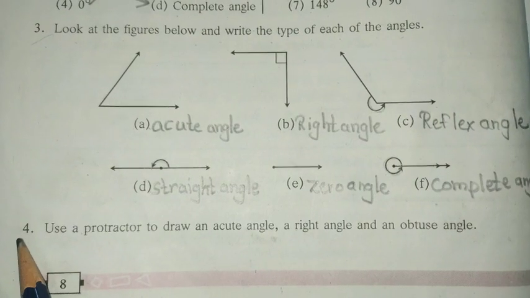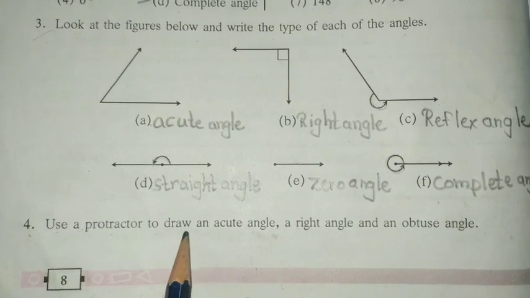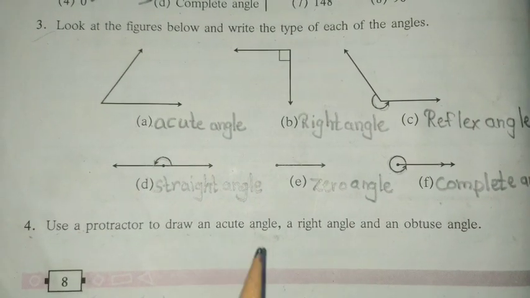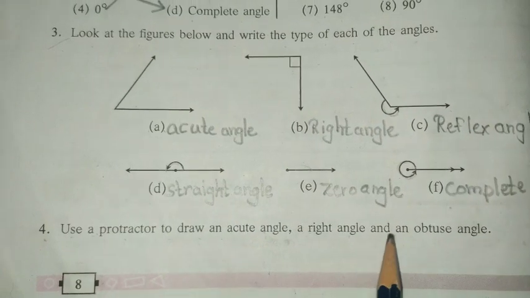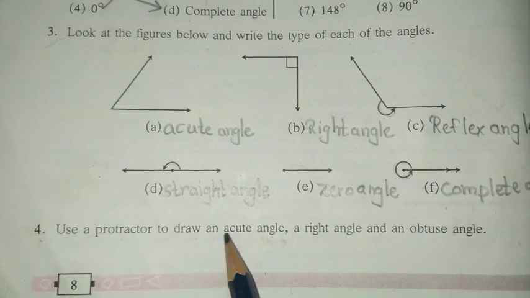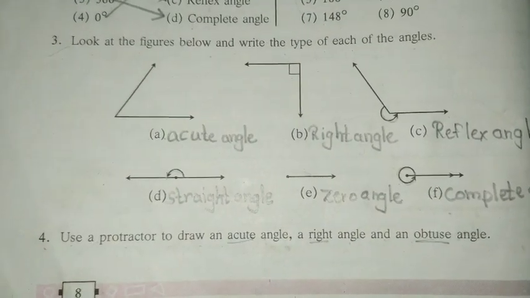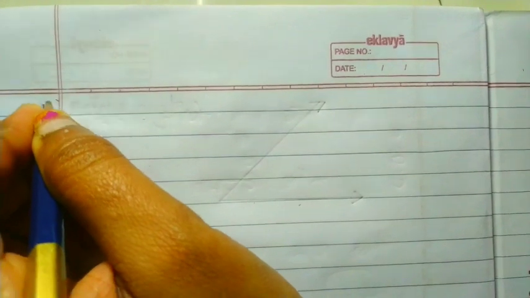Last one is question number 4. Use a protractor to draw an acute angle, a right angle and an obtuse angle. We draw acute angle, right angle and obtuse angle. At first draw acute angle.